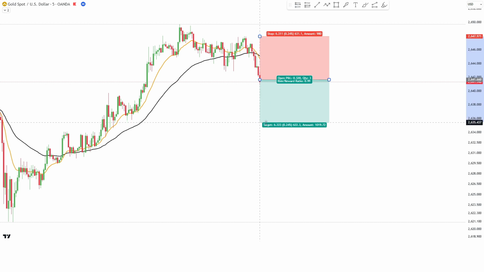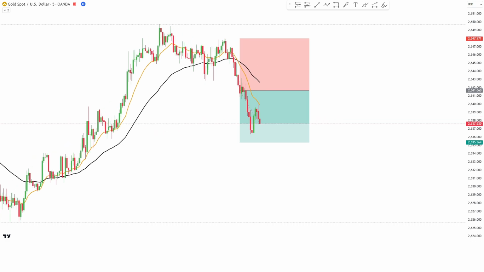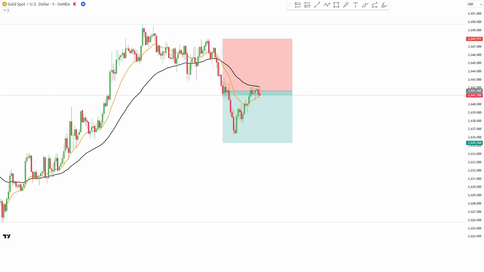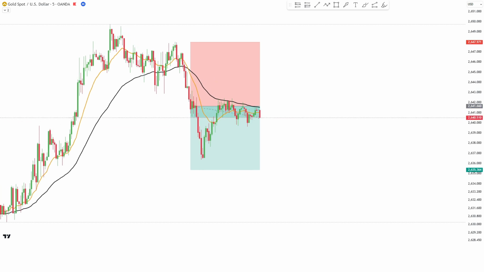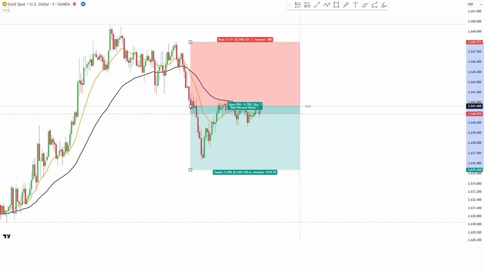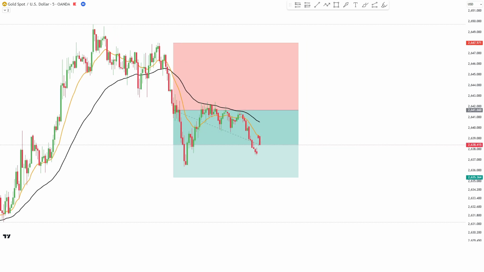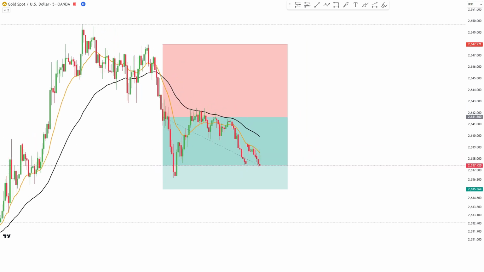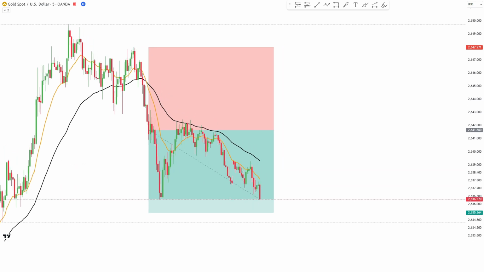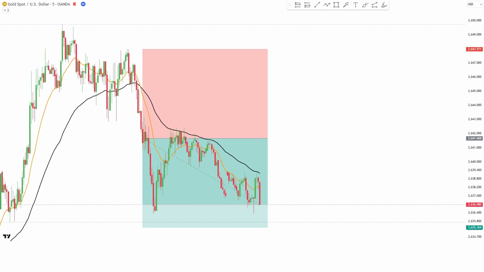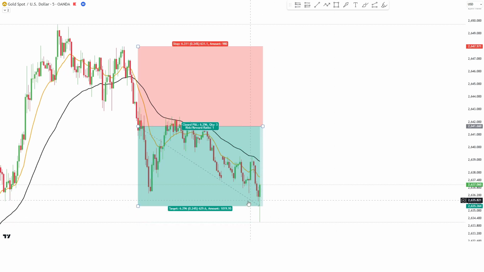Set profit target 1 to 1. We won this trade.